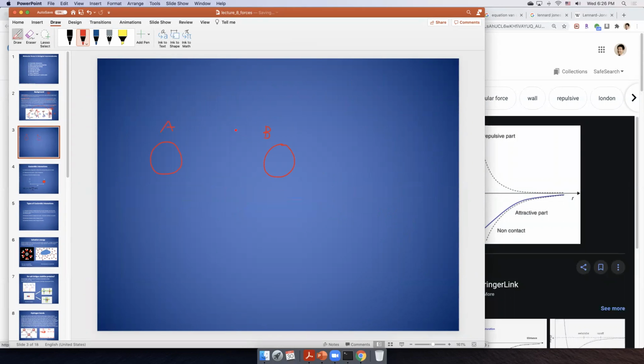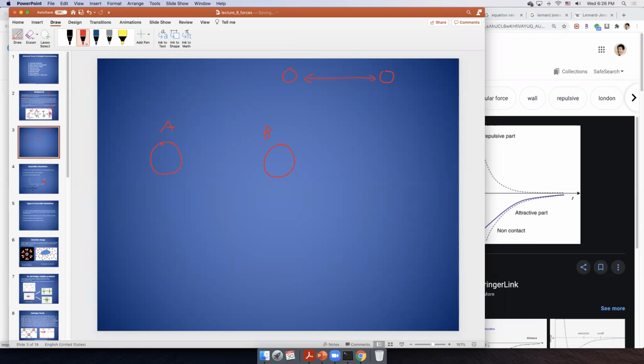Why is that? It's different from gravity. For two planets or two objects, they always have gravitational forces between them. But van der Waals is another type of force. The origin of van der Waals force is induced charge.